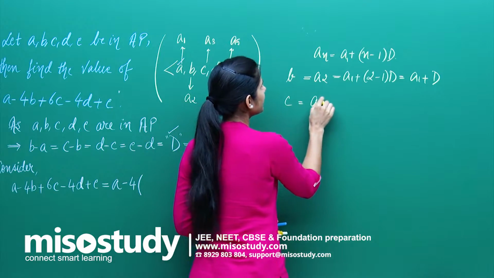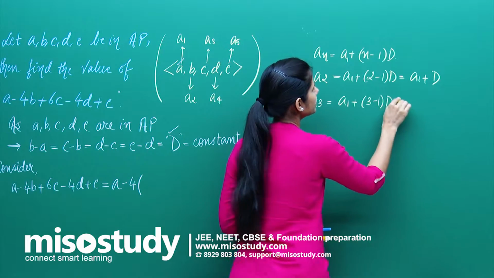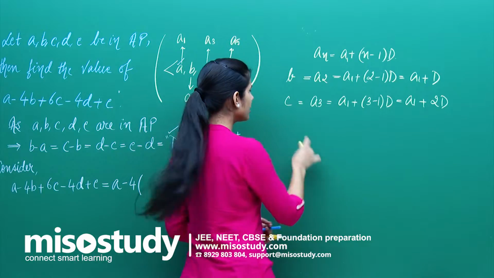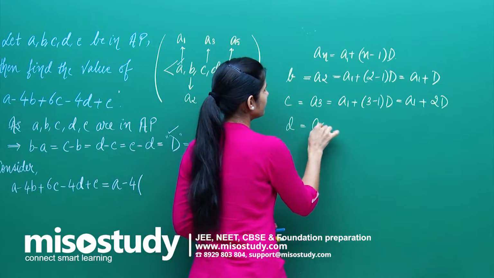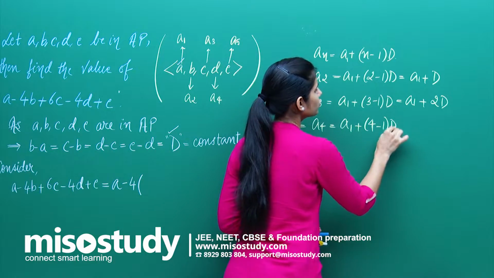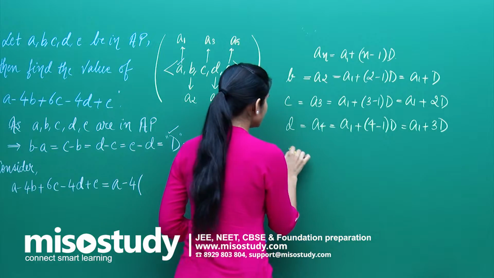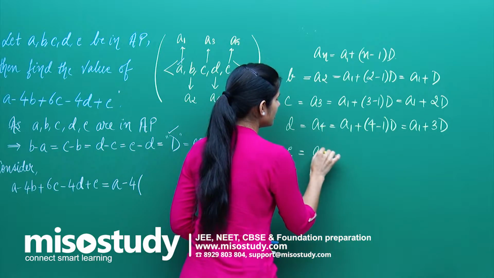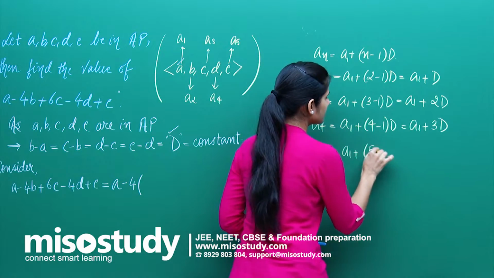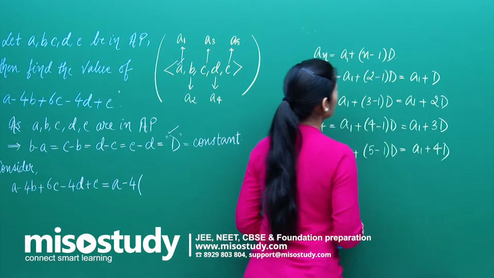Then C is nothing but the third term, which is a1 plus 3 minus 1 d, which is a1 plus 2d. Then D is the fourth term, which is a1 plus 4 minus 1 into common difference, which is a1 plus 3d, and similarly E, which is the fifth term, is equal to a1 plus 5 minus 1 d, which is a1 plus 4d.